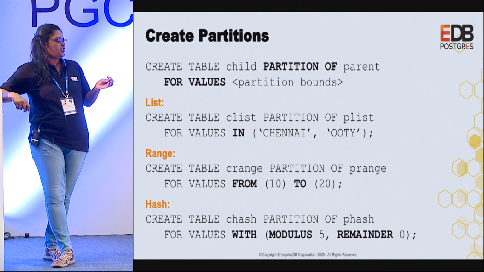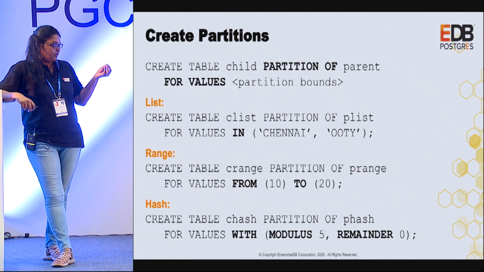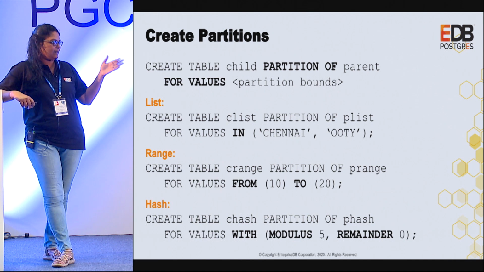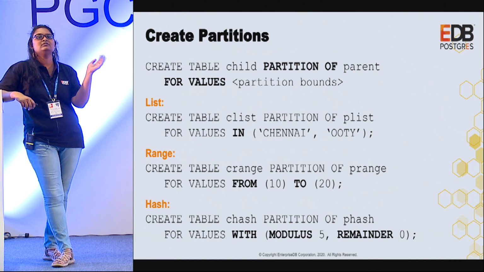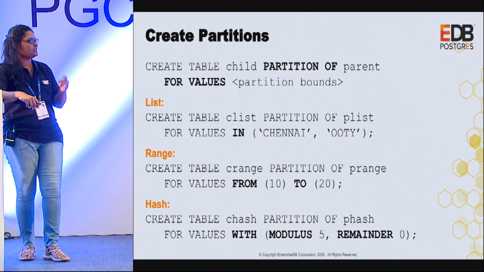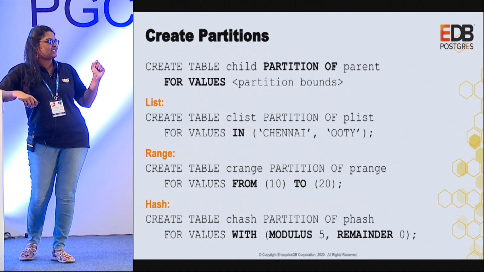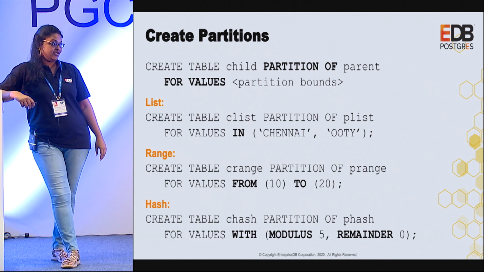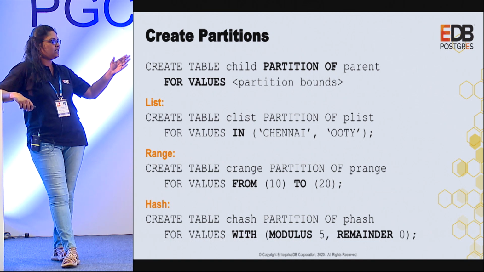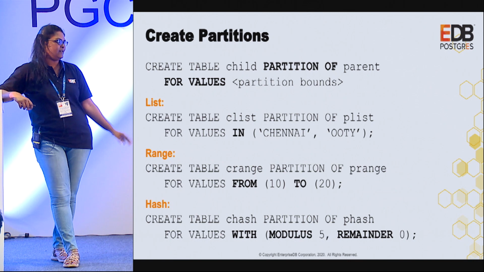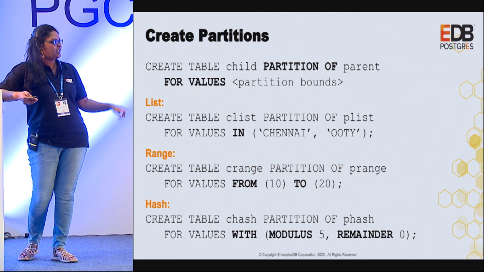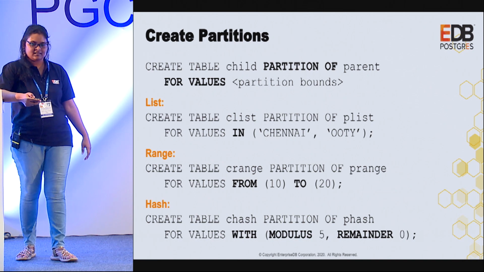Similarly, for range, after FOR VALUES you say FROM the lower bound for that partition TO the upper bound of that partition. In this case, this partition will accept values from 10 to 20. For hash, you specify the modulus and the remainder for this partition using the keyword WITH, as specified in the last case.